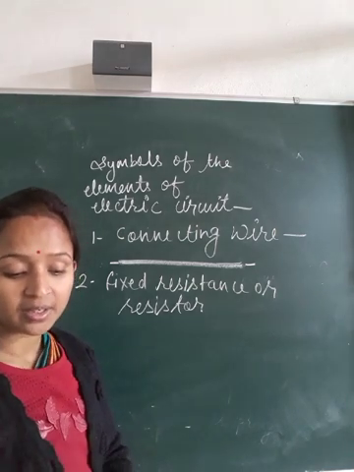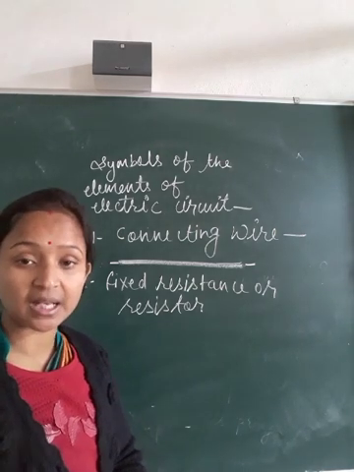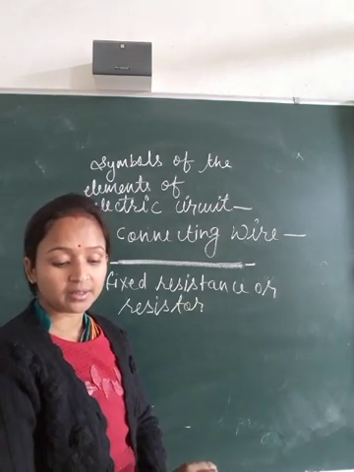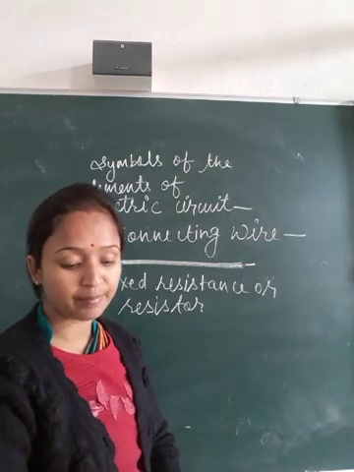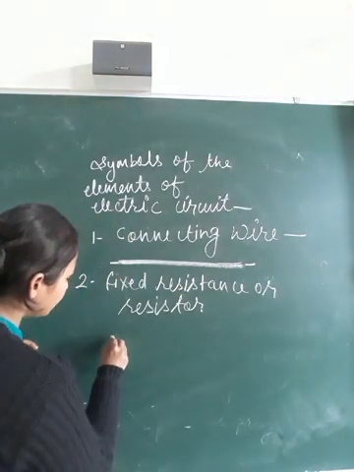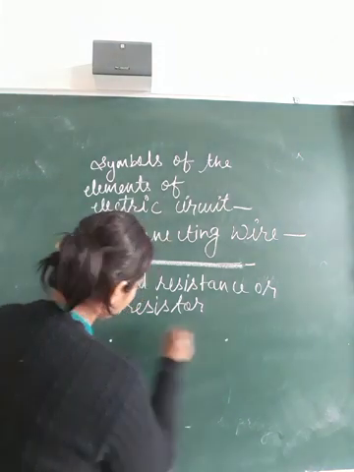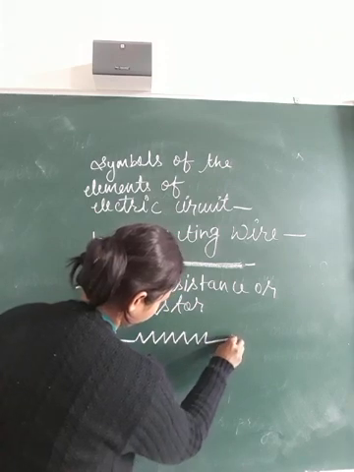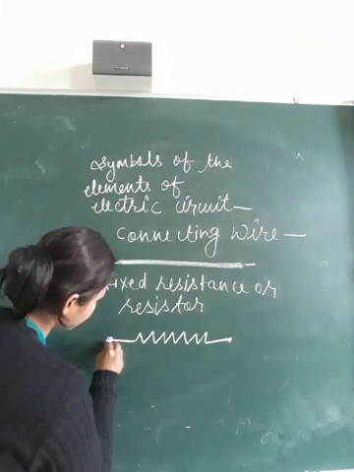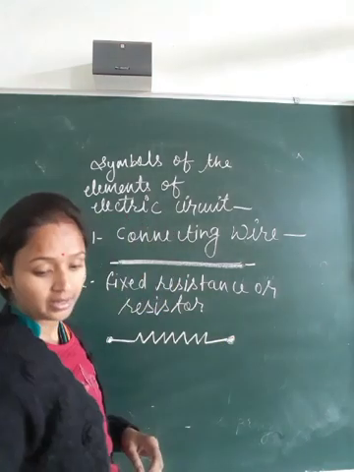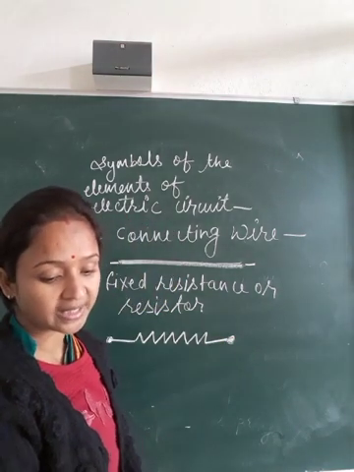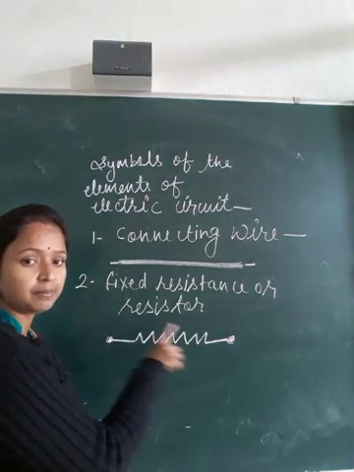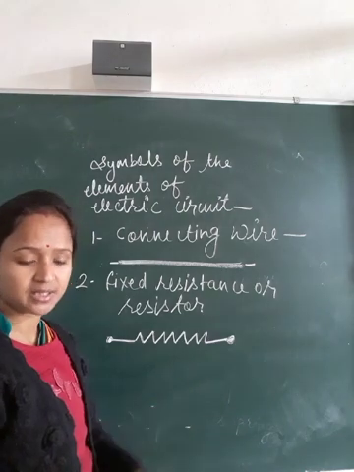The resistance wire is generally made from metallic alloys such as nichrome, Eureka, Constantan, Manganin, or tungsten.